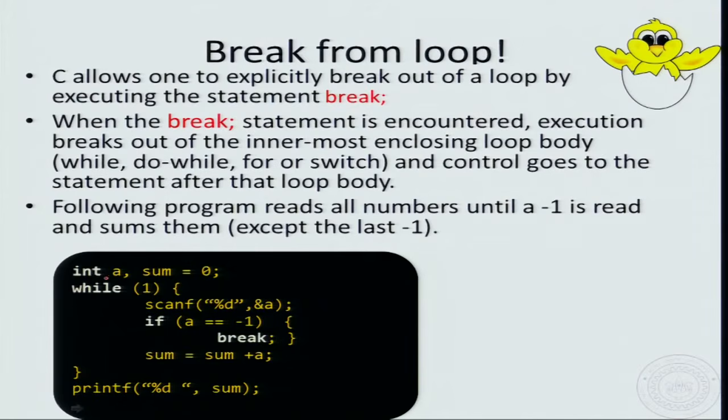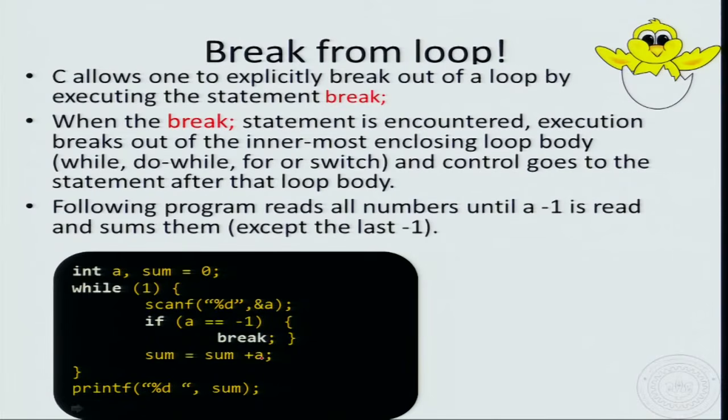Initialize the variable sum to 0, declare the integer variable a, and then you enter the while loop because the test is true. You scan a number, and here is a use of the break statement. If the scanned number is -1, you break out of the loop. If it is not -1, you go to the next statement, which is sum equal to sum plus a.